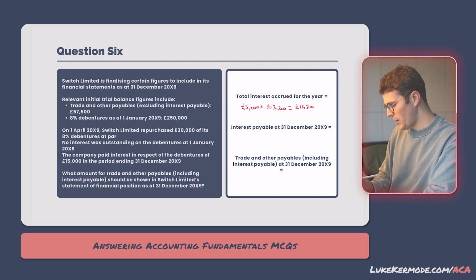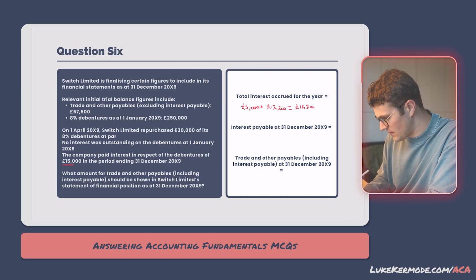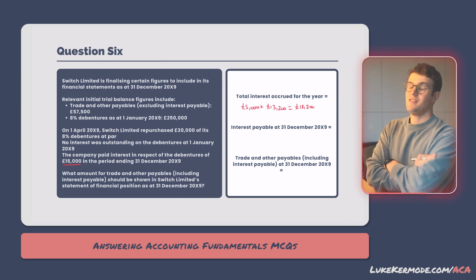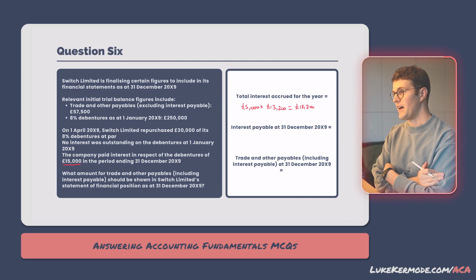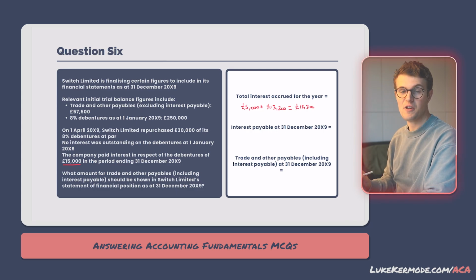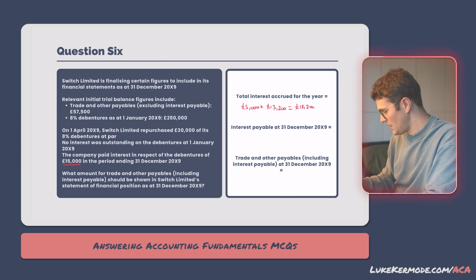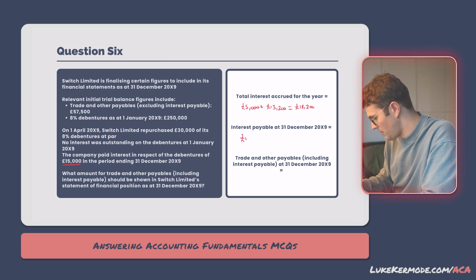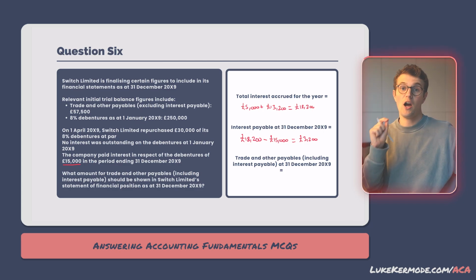But we're also told in the question that during the year, the company paid interest of £15,000 in cash, which means that the interest payable at the 31st of December 20x9 is equal to the interest that's accrued during the period of £18,200, i.e. the total amount owed during the period, less the amount they actually paid off, £15,000, equals £3,200. That's the amount of interest the company owes at year end.